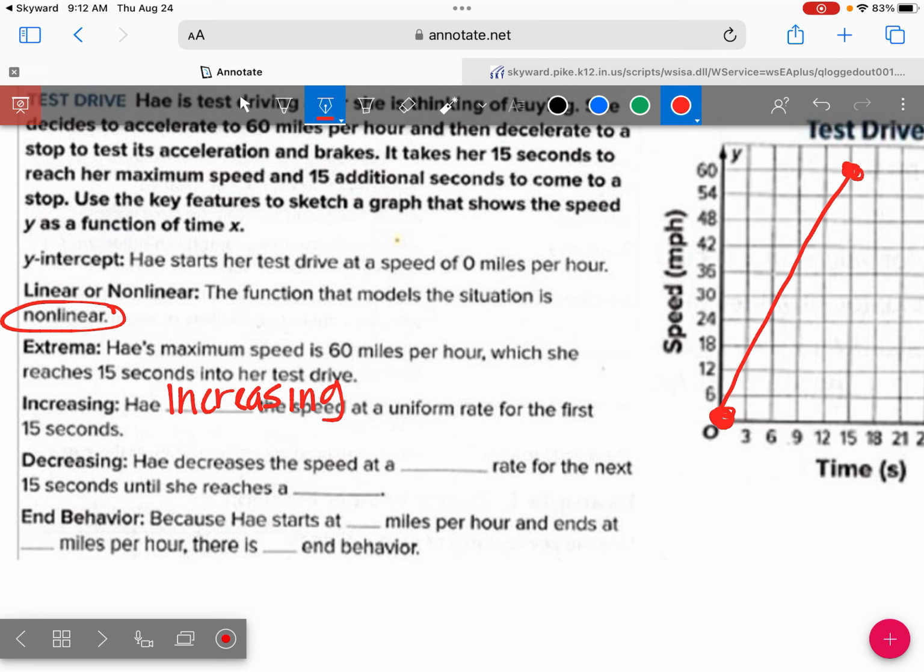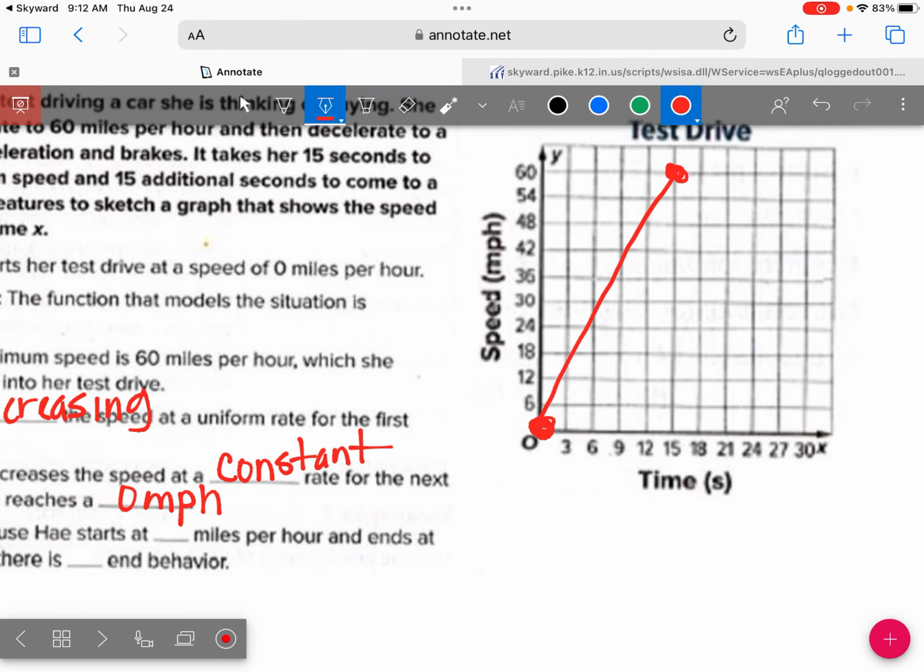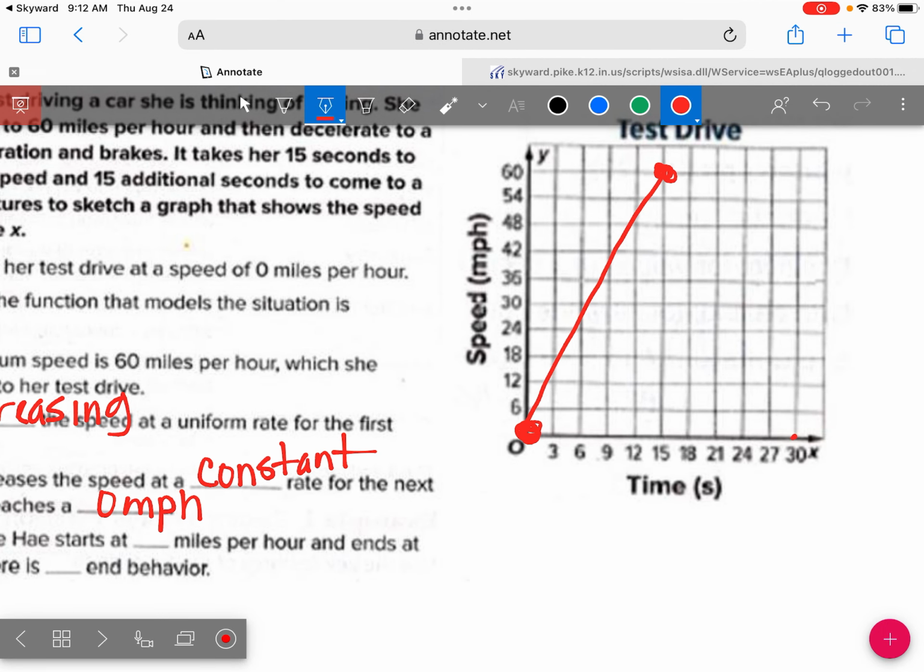And then Hay decreases the speed at a constant rate until she reaches 0 miles per hour. And she's going to do that for an additional 15 seconds. So that means 15 plus 15 is 30. So when she hits 30, she's going to hit 0 again.